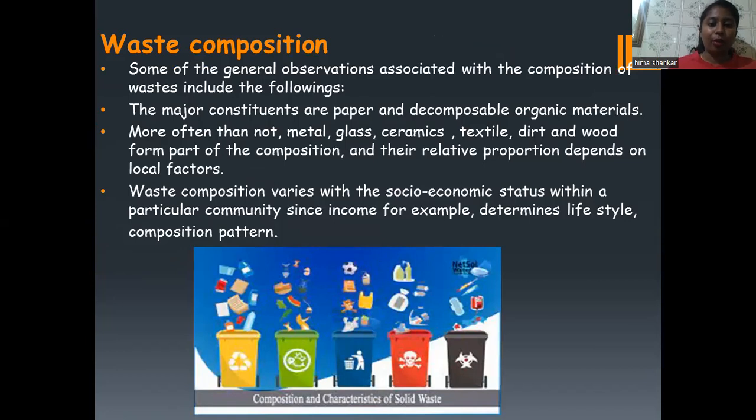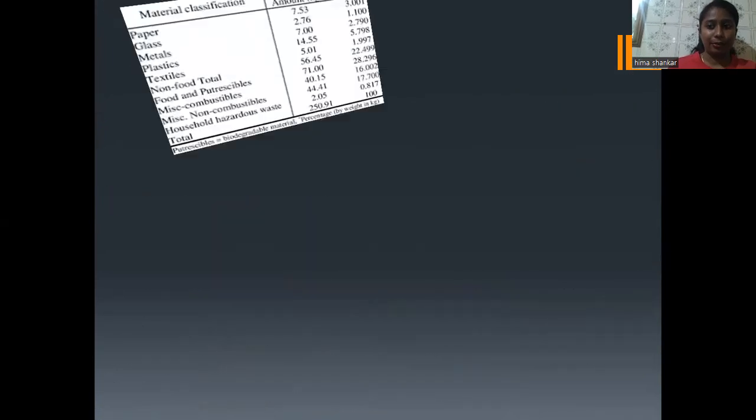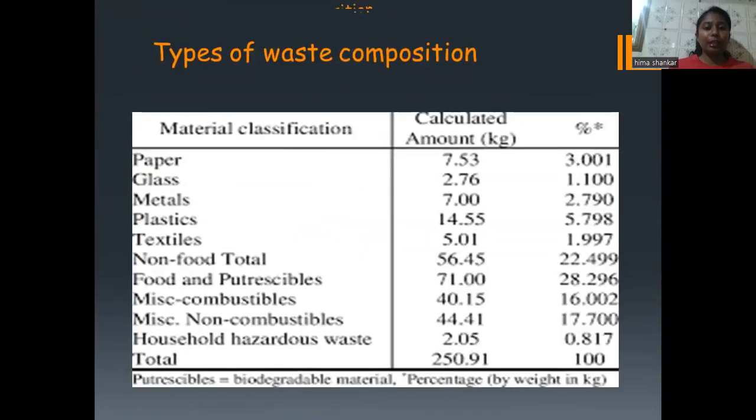More often than not, metal, glass, ceramics, textiles, dirt, and wood form part of the composition, and their relative proportions depend on local factors. Waste composition varies with socio-economic status within a particular community, since income, for example, determines lifestyle and consumption pattern.